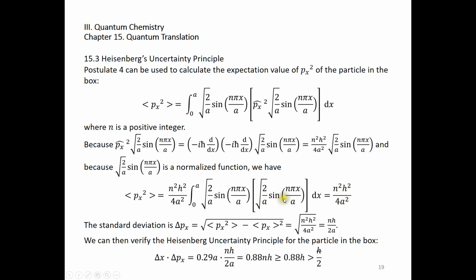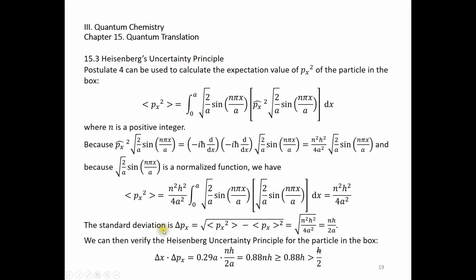Or you can do the math. You can use Wolfram Alpha, but also if you know sine squared theta is 1 minus cosine 2 theta, divided by 2, you can still solve this integral easily. But anyway, we got this result over here.